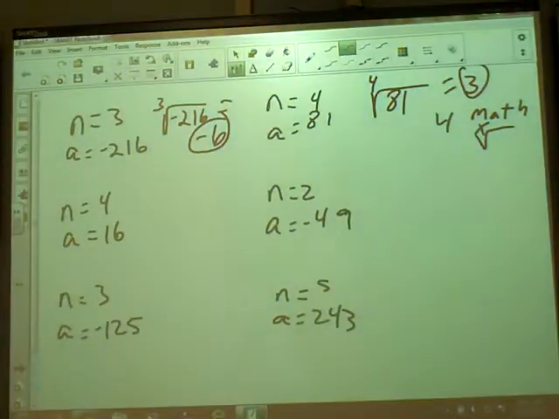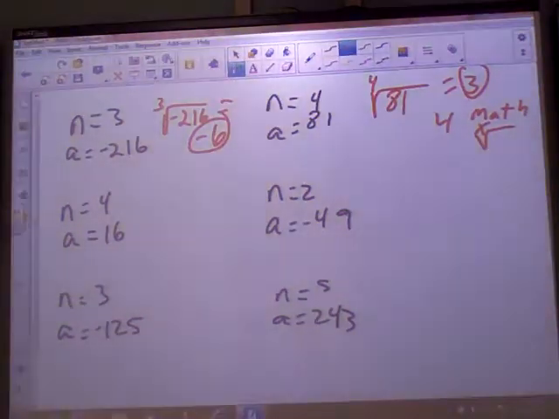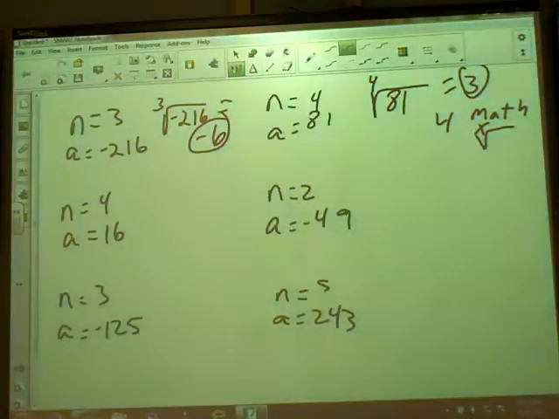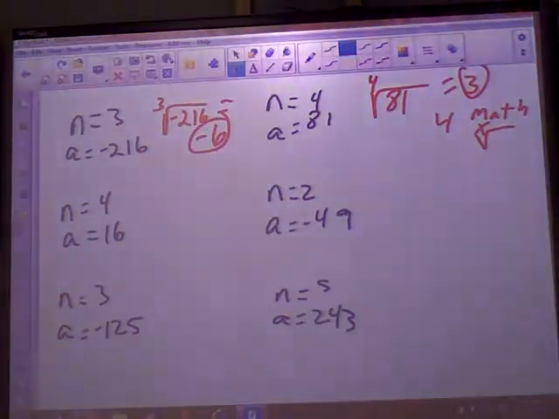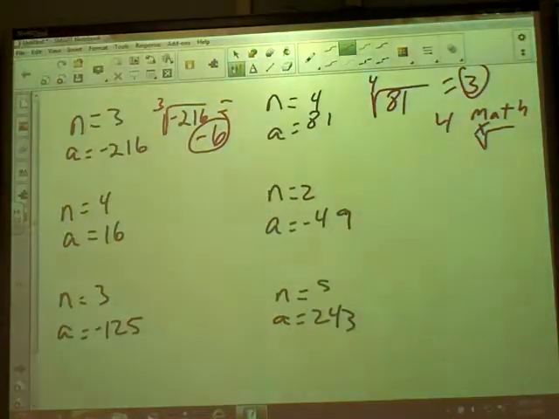Roll down to 3. Bingo. What's the next one? For number 1, 2, 3, 4. To the negative 49. What do we do?